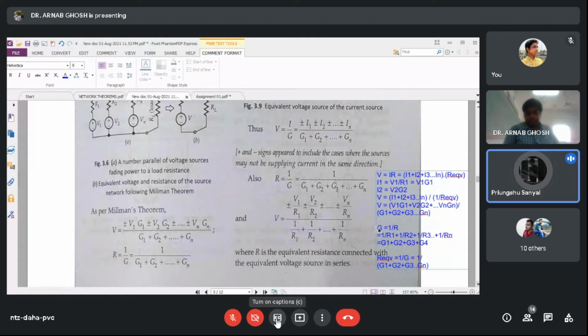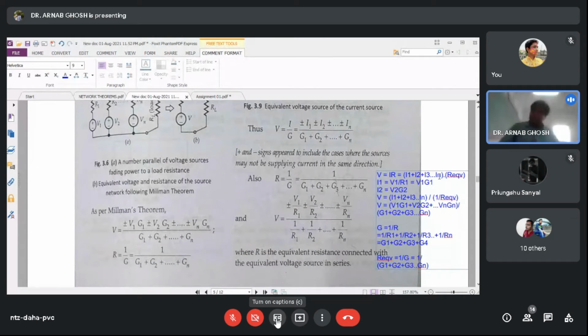Sir, can you repeat this? See, V is equal to I times R equivalent. This part is clear to you? So what is I? I is I1 plus I2 plus I3. See, we add up the currents. We did it in the first class itself, when we were considering practical sources. You remember what we did? We converted that.